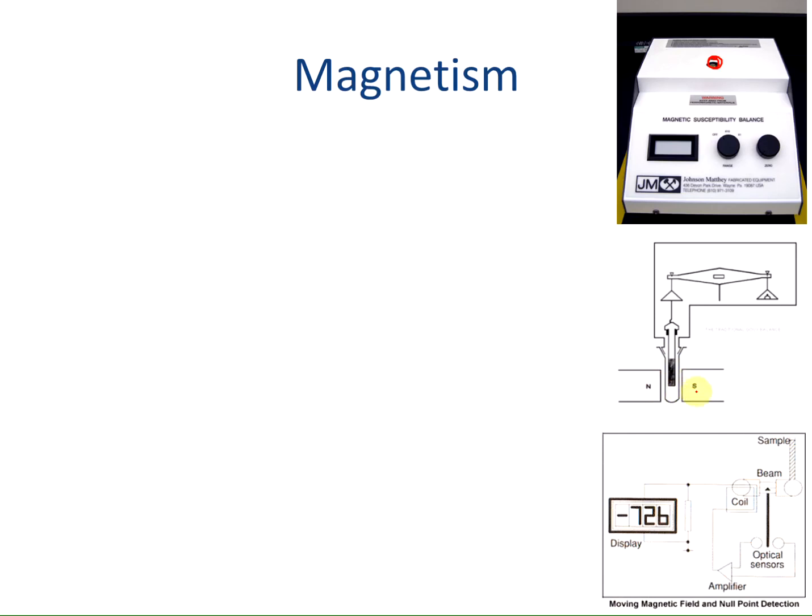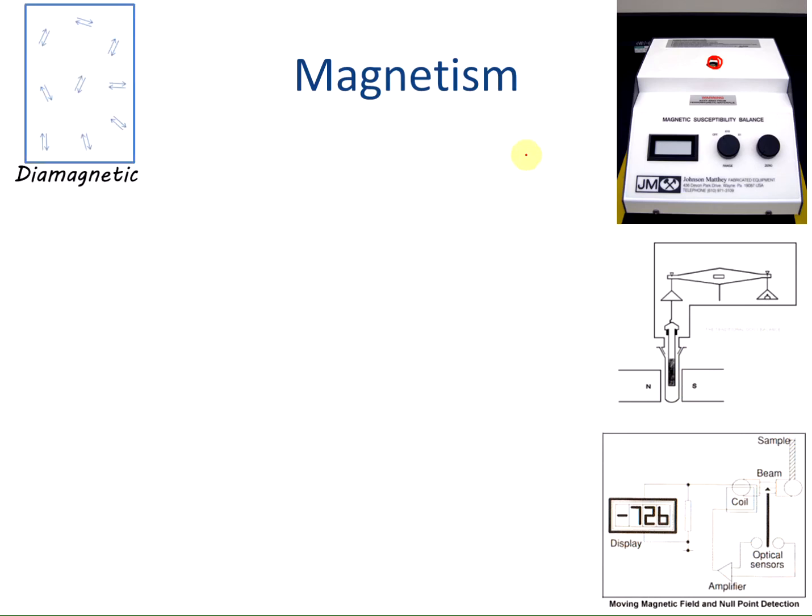Depending upon how it responds, if it's diamagnetic, it'll be weakly repelled by the magnetic field, and if it's paramagnetic, it'll be attracted to the magnetic field, so it will affect the observed mass. The mass really doesn't change, but it feels like the mass changes because it's being influenced by the magnets.